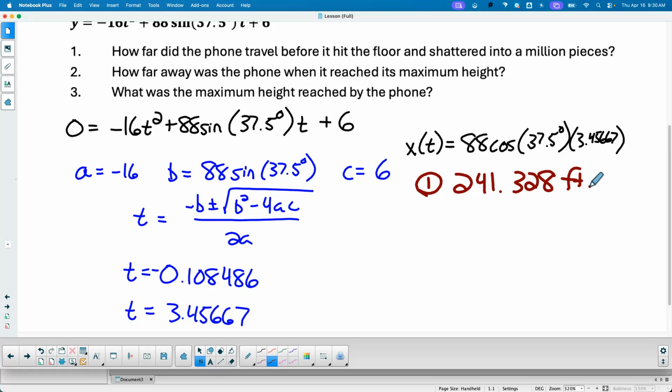Question number 2. How far away was the phone when it reached its maximum height? How do I find that? Average my 2 T's.